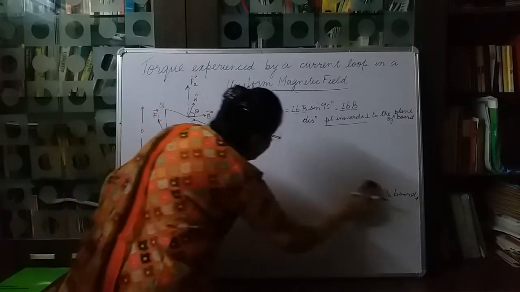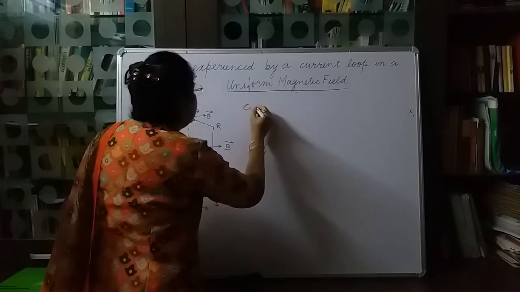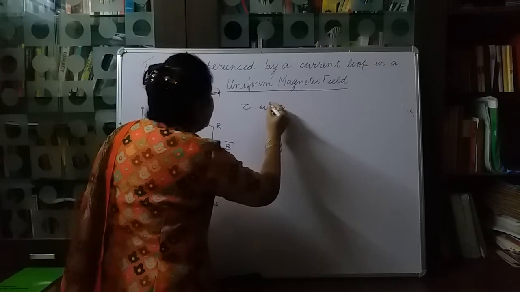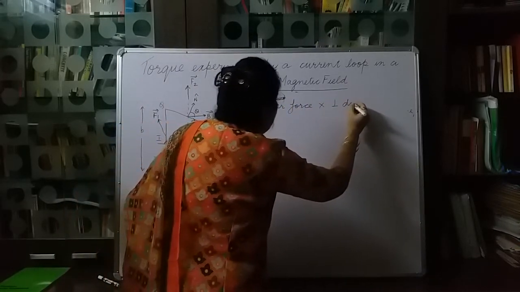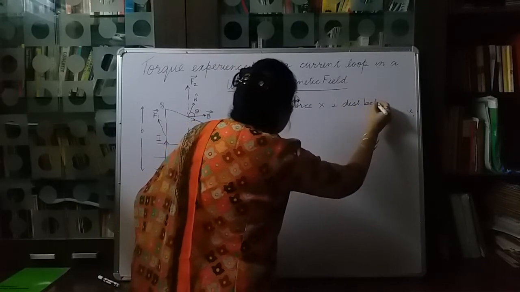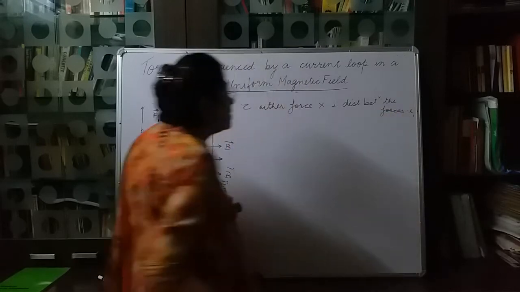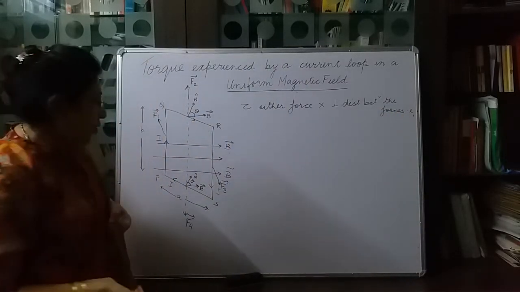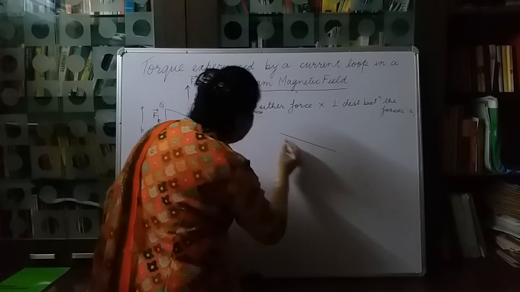And the torque is given by either force into the perpendicular distance between the forces. Let us find the perpendicular distance between the forces. First of all, let us represent the two forces here.